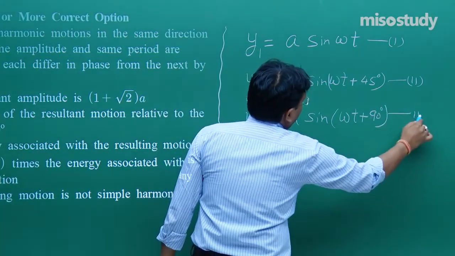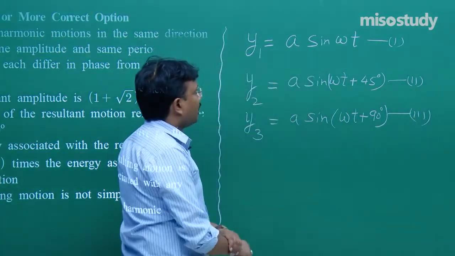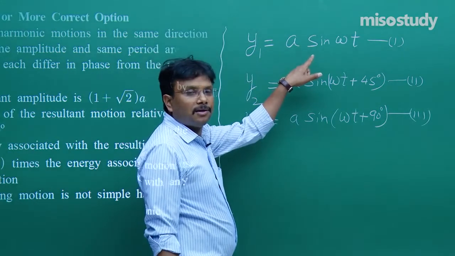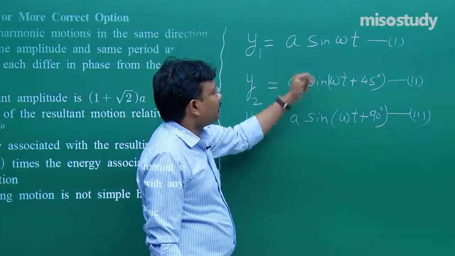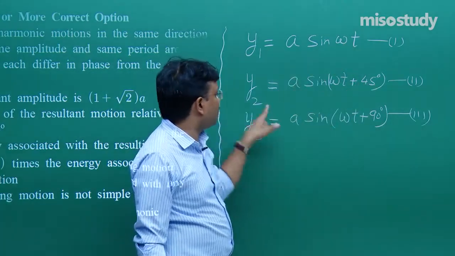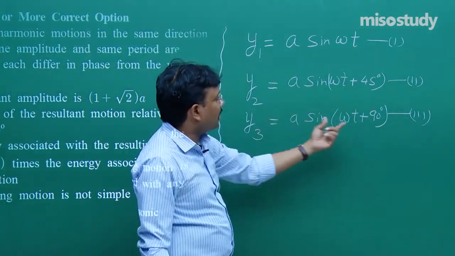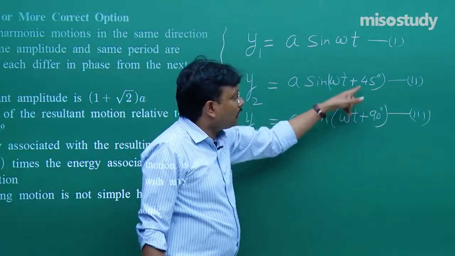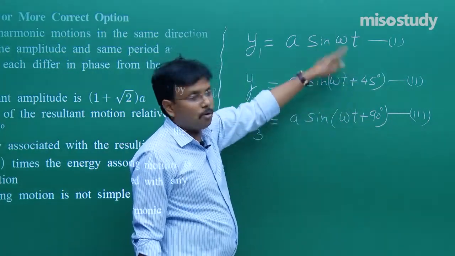I hope this is clear to everyone. First is this, second similar to this but with phase difference 45 degrees or pi by 4 with the previous one. Third is everything similar but phase difference 45 more from the second one, and so on.